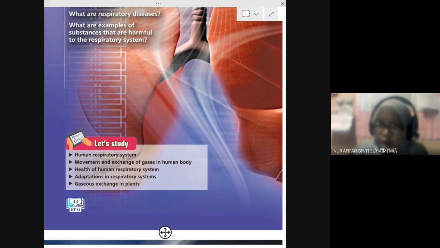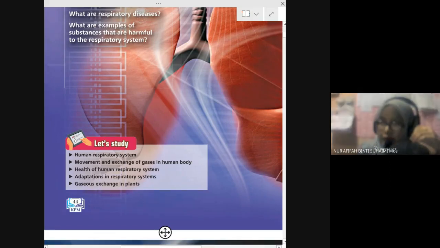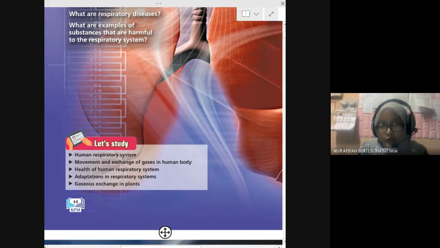And then in the second unit also, you need to remember the equation for cellular respiration. Still remember the equation? We have four terms that you need to remember. In cellular respiration, human needs glucose, needs food. Human also needs oxygen.